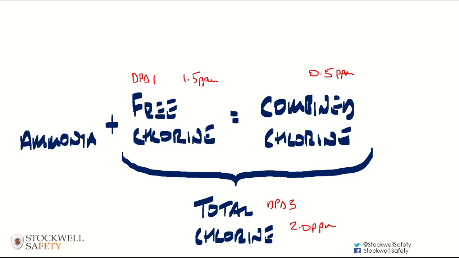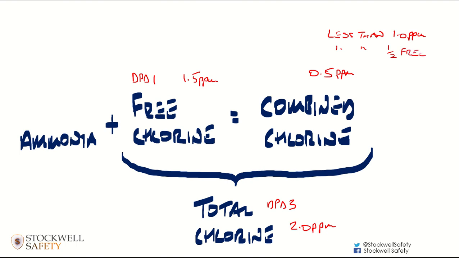So you need to keep the combined chlorine at certainly less than 1. Got to keep it less than 1 part per million. But if it happens to be lower, you've got to go less than half of the free. So it's less than 1 or less than half of the free.